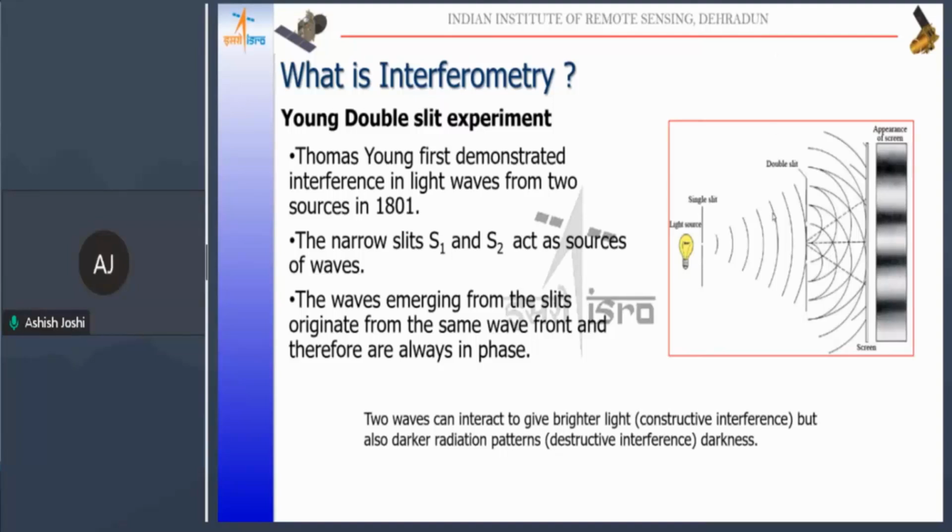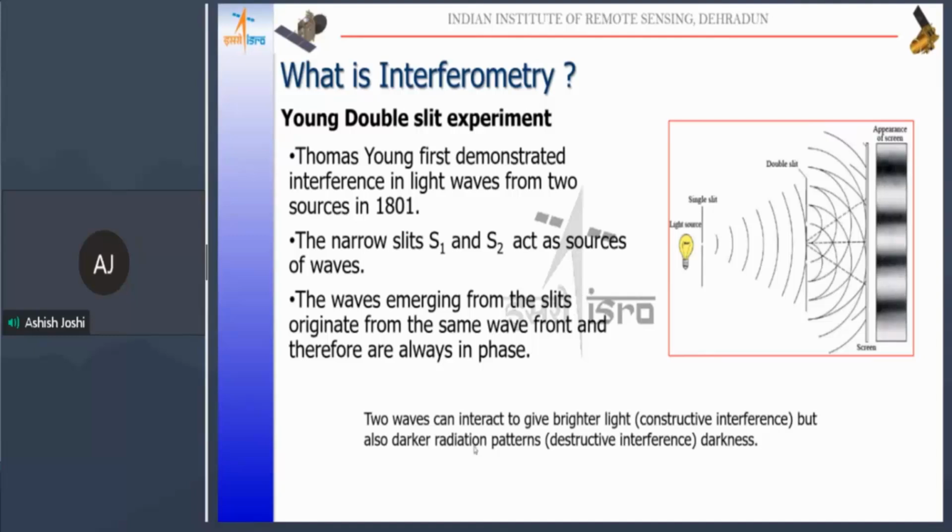Here we can see there are two slits, S1 and S2. The waves emerging from the slits originate from the same wavefront and therefore are always in the same phase.